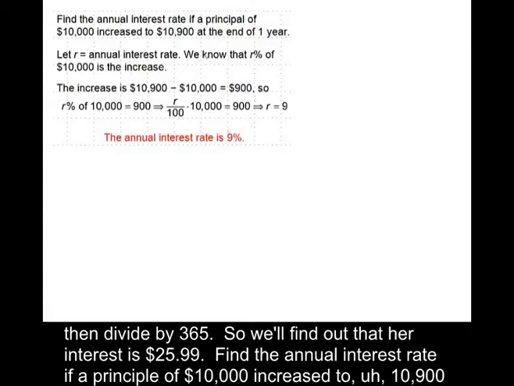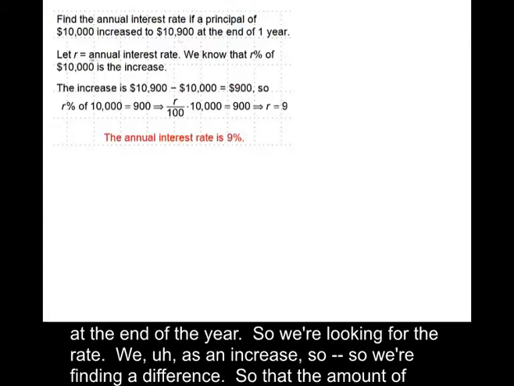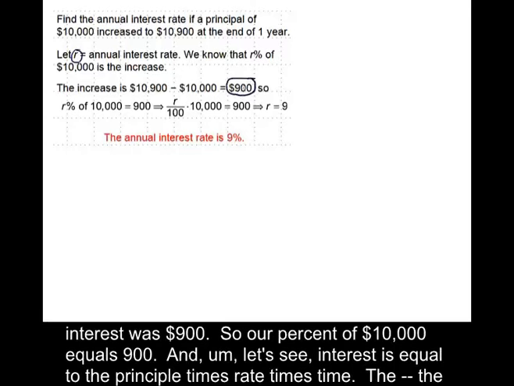Find the annual interest rate if a principal of $10,000 increased to $10,900 at the end of the year. So we're looking for the rate. We have an increase, so we're finding a difference. The amount of interest was $900.